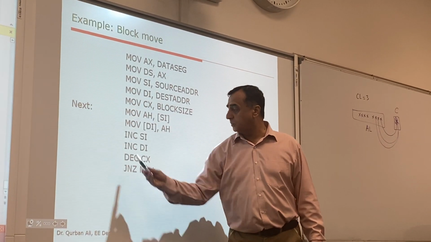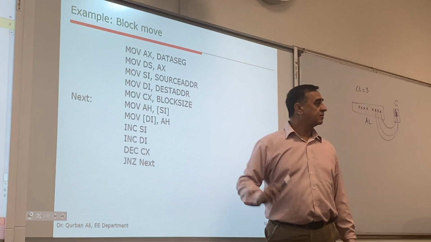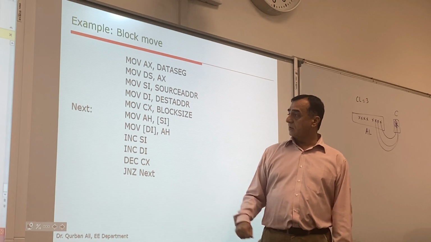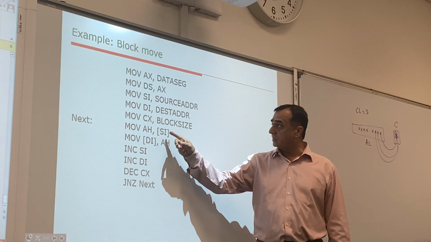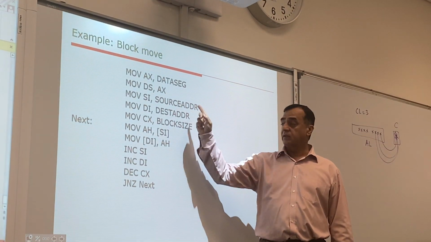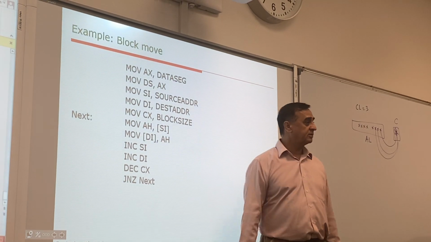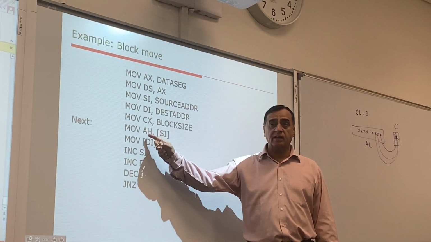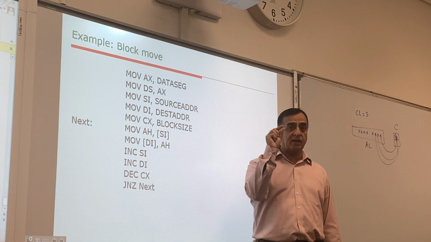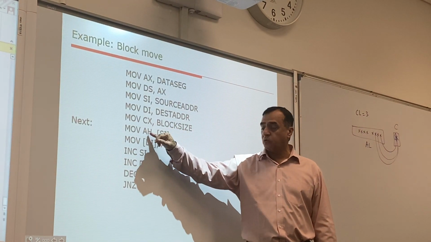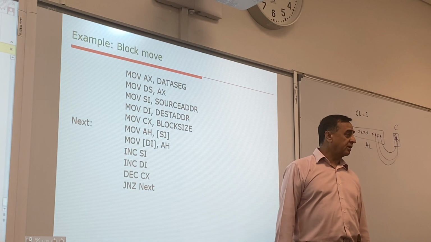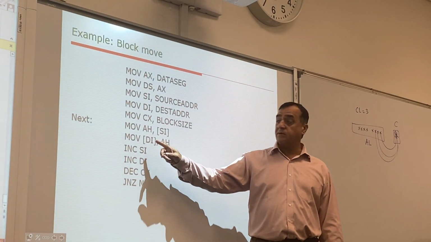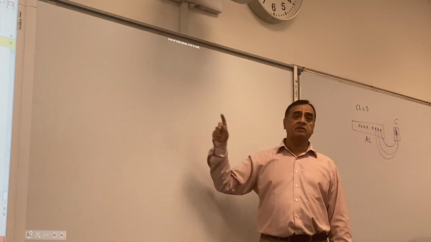Now here comes the loop. And in the loop, what am I doing? I am going to this memory, and SI has the source address, right? I am reading a byte. Move from this memory to register AH, which means I am reading a byte from this memory and putting it into AH. And then from this AH I am putting it into another memory, which is the destination.